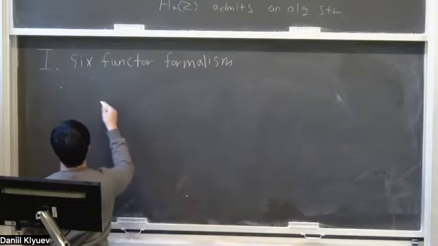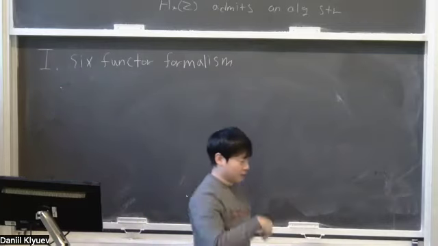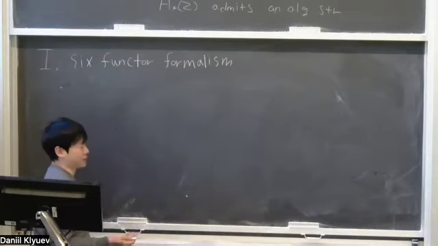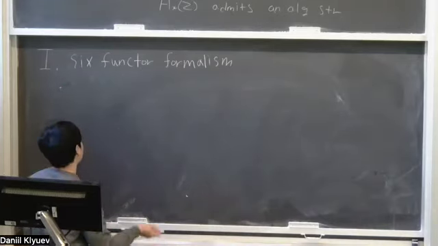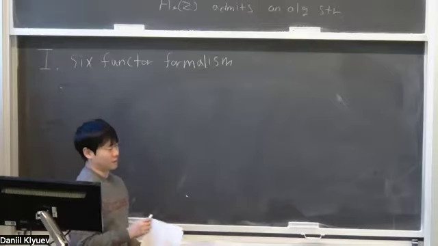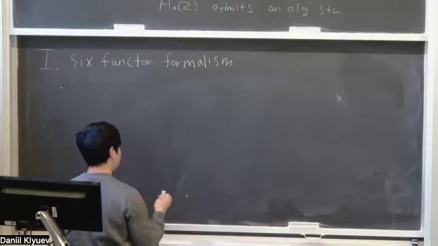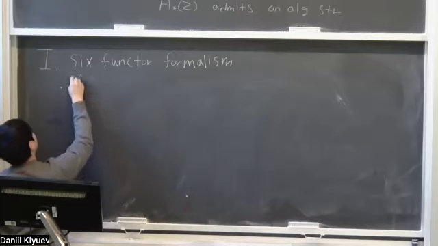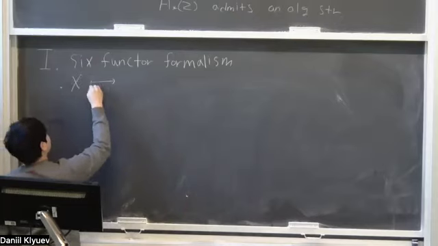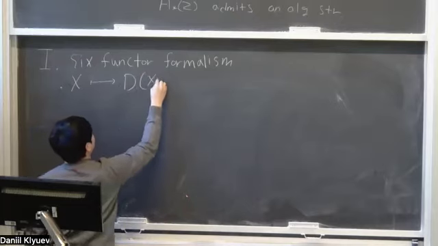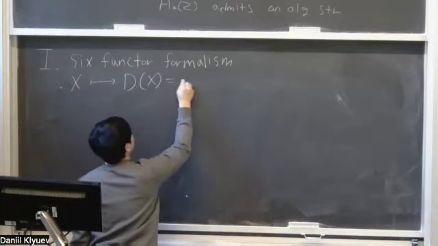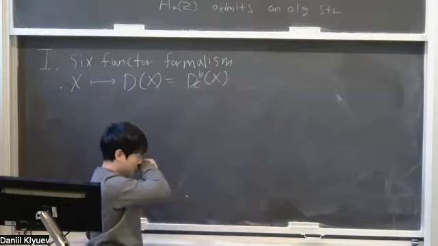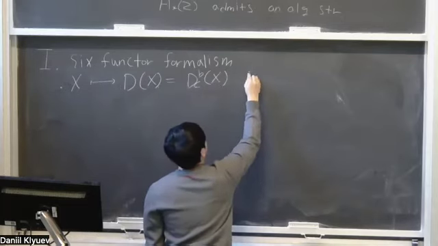All the spaces and maps are assumed to be very good, so that we have good finite dimensional conditions and functors of bounded constructible sheaves. Roughly, for a space, we will assign a derived category of bounded constructible complexes, which is triangulated.